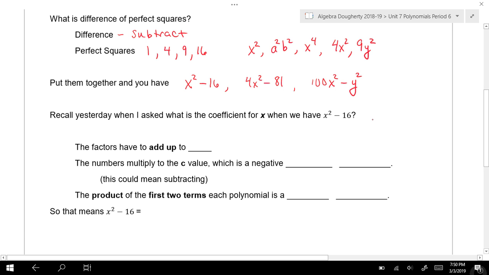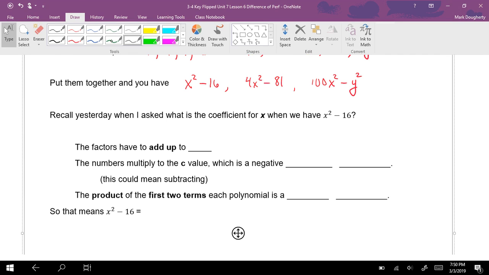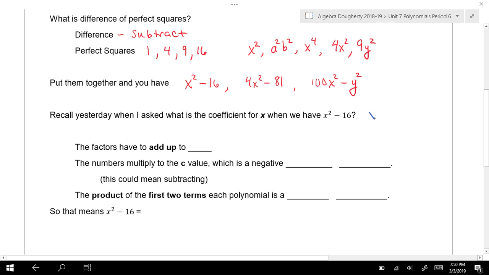Well, if we were to rewrite this, we could write this as x squared plus 0x minus 16. So if we think of it this way, we need numbers that multiply to be negative 16 and add up to 0. The factors have to add up to zero.